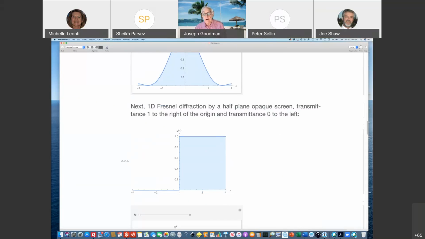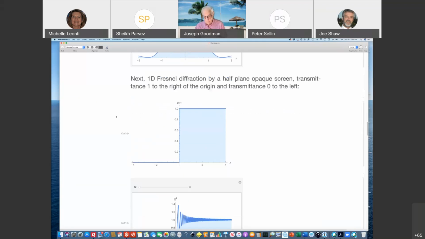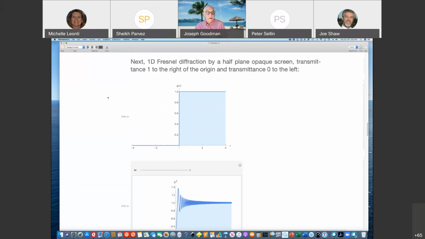Let's look now, again with a 1D example, at a half-plane opaque screen with a transmittance of 1 to the right of the origin and a transmittance of 0 to the left. I should have mentioned right at the beginning that our Fresnel diffraction formulas are scalar approximations to what's really happening, and they should be pretty accurate, provided we are viewing the diffraction pattern at distances that are many times lambda.